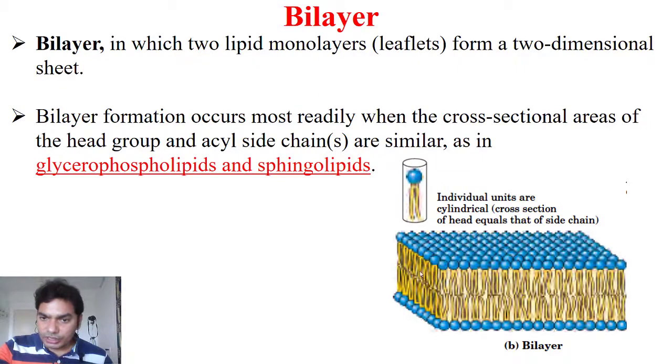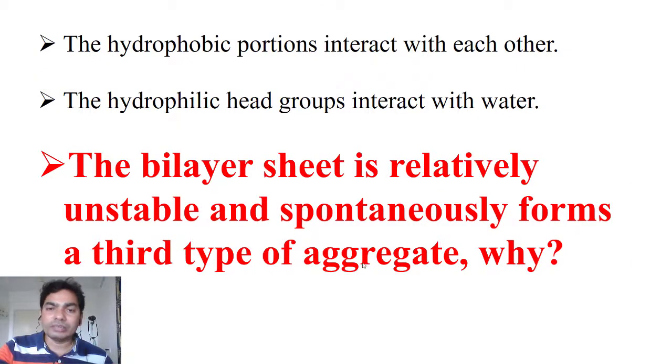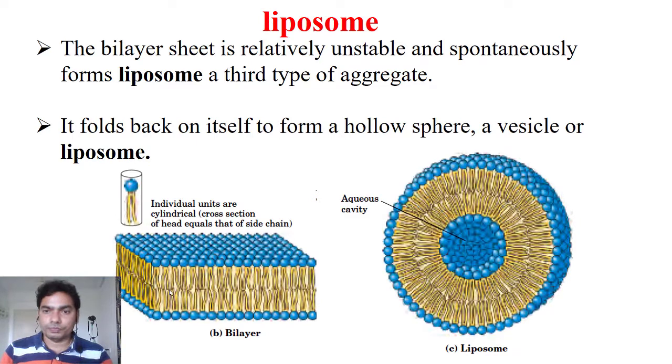So this is continuously exposed to the water, so it is thermodynamically less stable than the others, right? This can be stable for a very short period of time, but it is unstable, right? So it can form a third type of aggregate, whose name is liposome.